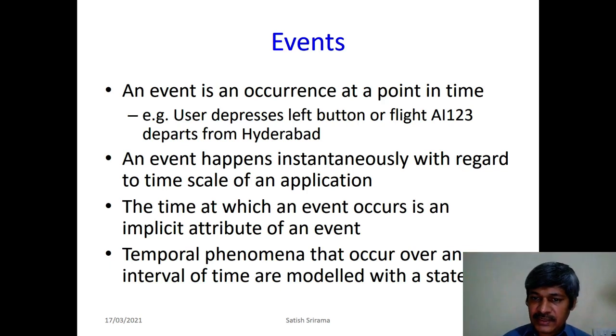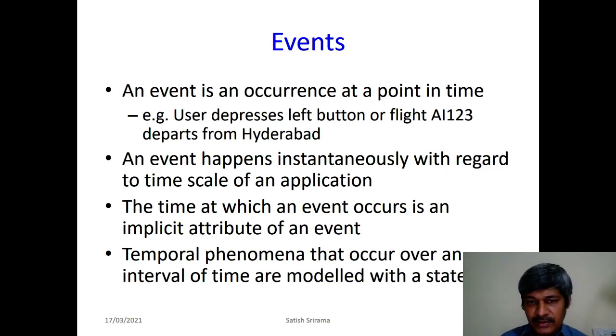Similarly, for example, flight AA123 departs from Hyderabad. That's one event. A flight which has the name AA123 departs from Hyderabad on a particular date, say today. Once it departs, that's an event. The event has occurred.